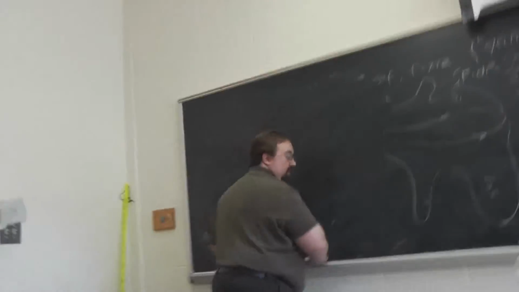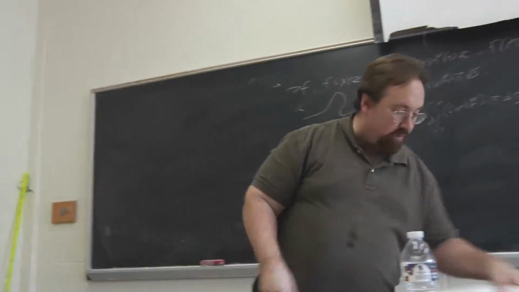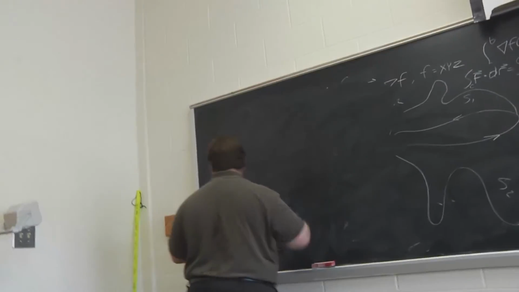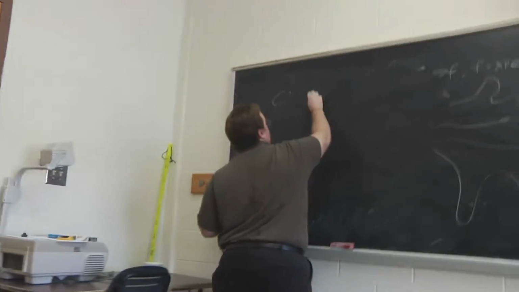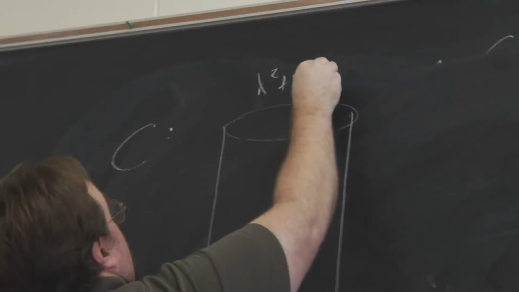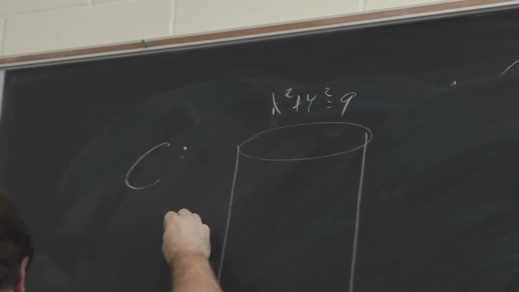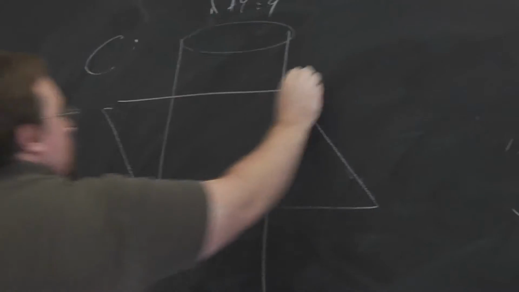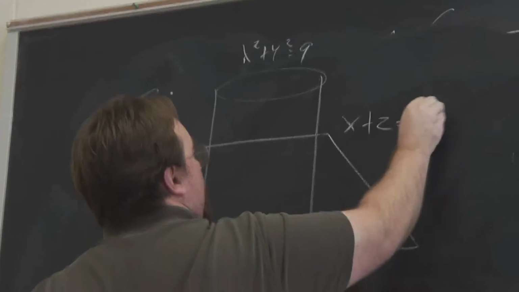Now, let's look at another example involving Stokes' theorem that goes the other way. So we have curve C, and it's the intersection of a cylinder, x squared plus y squared is equal to 9, with a plane x plus z is equal to 5.